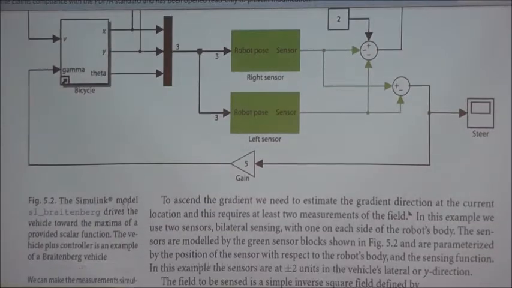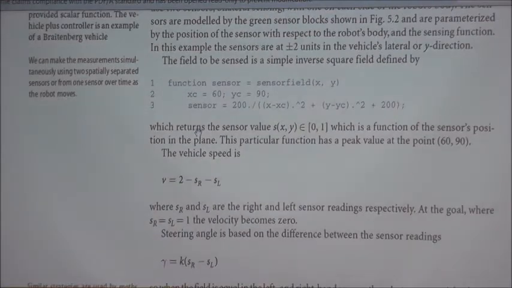So this is a Simulink model for the Braitenberg vehicle, which drives the vehicle toward the maximum of a provided scalar function. The vehicle plus controller is an example of that kind of vehicle.